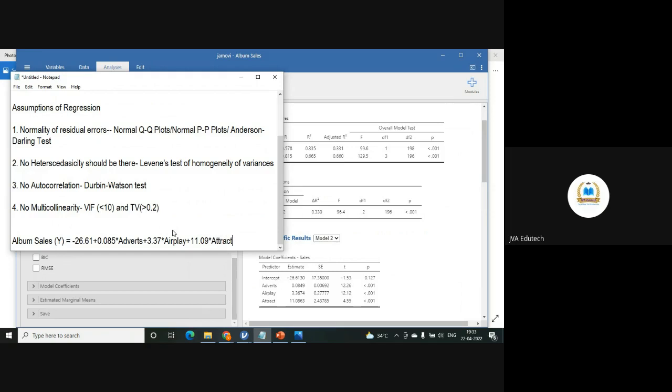This is our model. We will put the values of advertising budget, airplay, and attract here, and we will get how many album sales will happen, that we can predict.